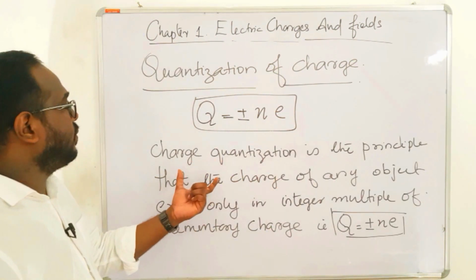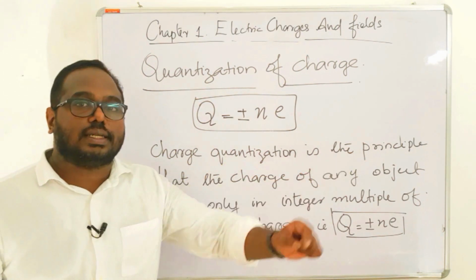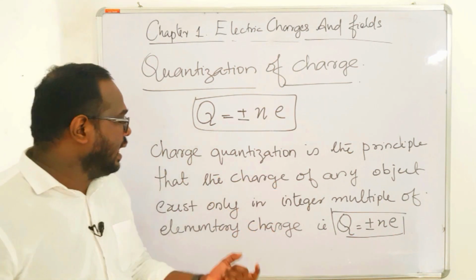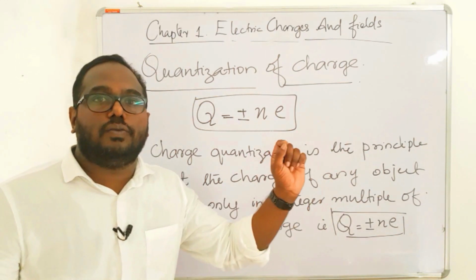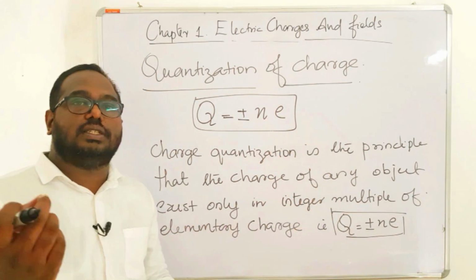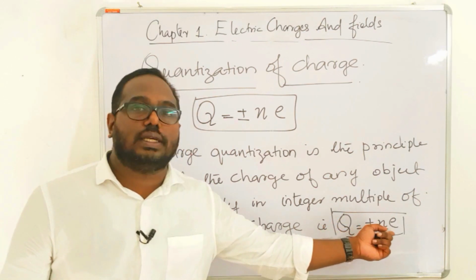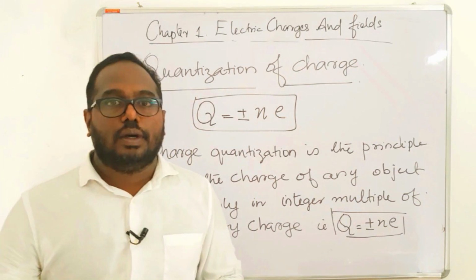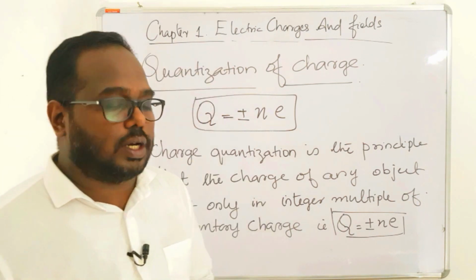So this is the definition. What is quantization? You have to write like this. Charge quantization is the principle that the charge of any body exists only in integer multiple of the elementary charge. Elementary charge means e, right? So charge of a body Q can be represented as plus or minus n into e, where n is an integer multiple. So this is all about quantization of charge.